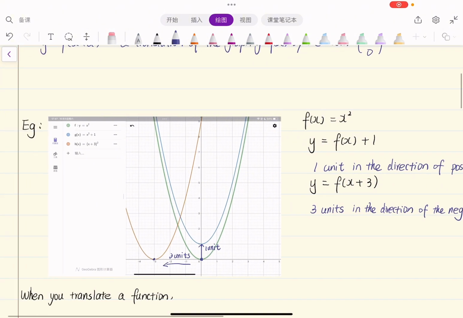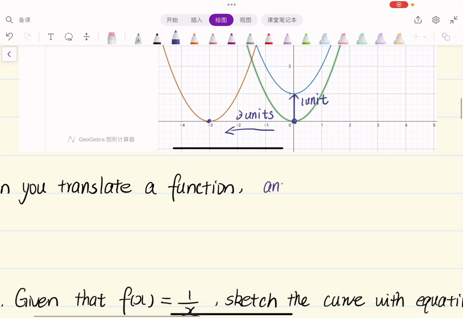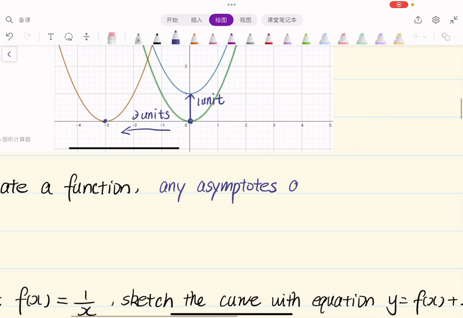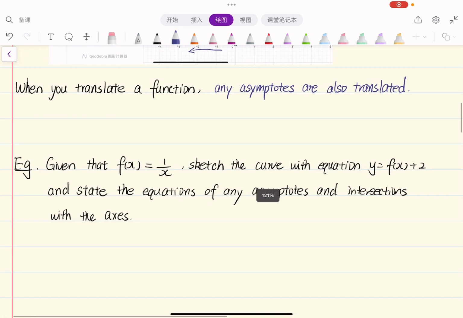Now, when you translate a function, you need to be aware that any asymptotes are also translated. For example, given that f(x) equals 1 over x, sketch the curve with equation y equals f(x) plus 2 and state the equations of any asymptotes and intersections with the axis.